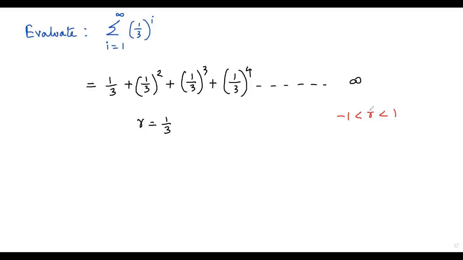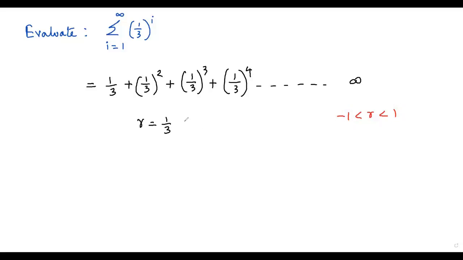What if the value of r is out of this interval, that is, r is greater than 1 or less than -1? Then the infinite geometric series is divergent, and we will not be able to find its value. If r is between -1 and +1, then the series is convergent and we'll be able to evaluate it.